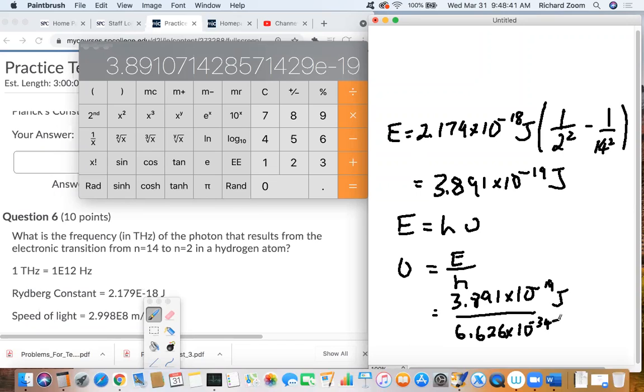That's Planck's constant. Times, now we need 1 terahertz is 1 times 10 to the 12th hertz. So 1 THz on top, 1 times 10 to the positive 12 hertz.